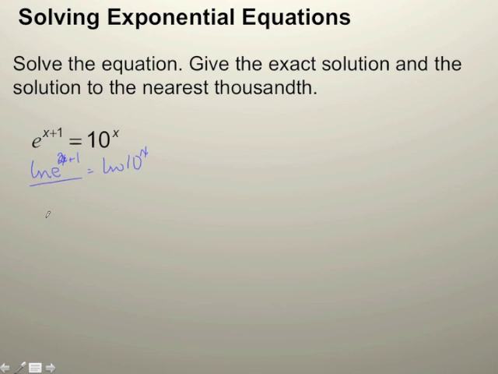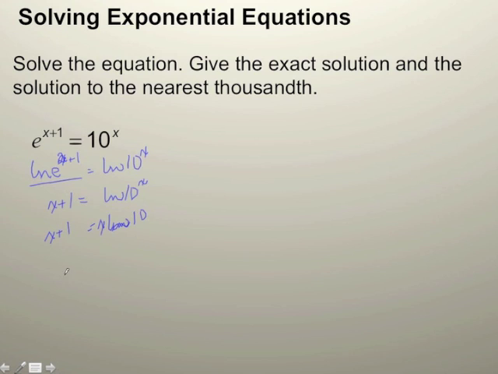Now, using my log rules, log base e, what's the exponent I'm raising e to get e to the x plus 1? This will be x plus 1 equals the ln of 10 to the x. Use the power rule for exponents. So x times ln of 10 equals x plus 1.